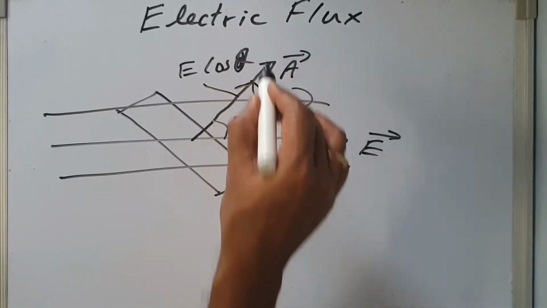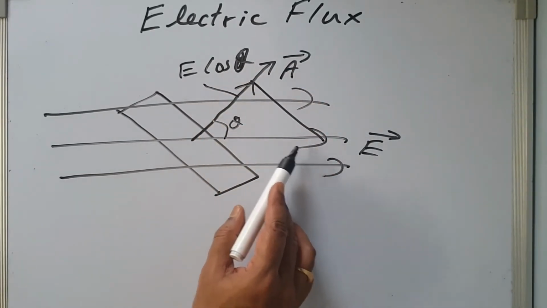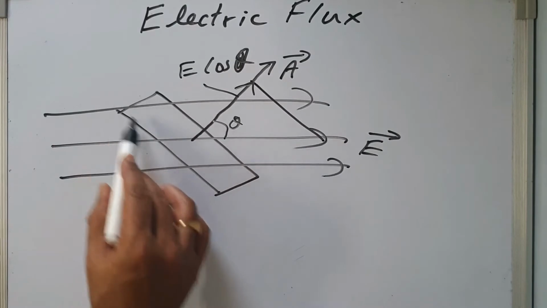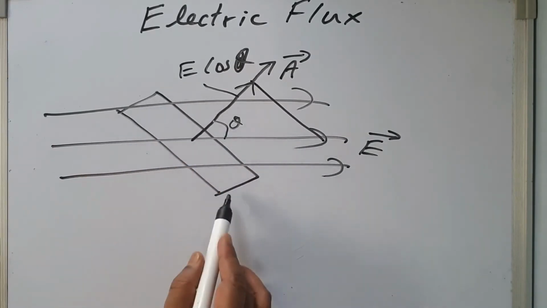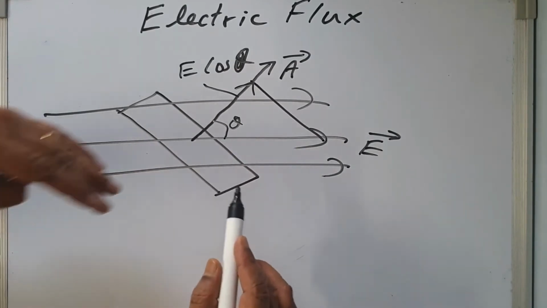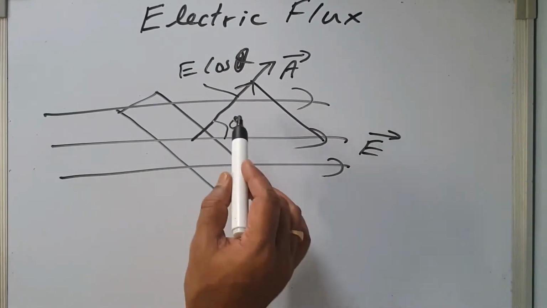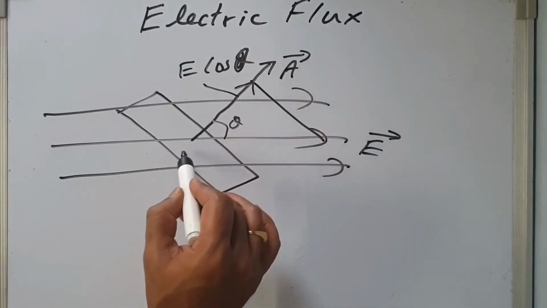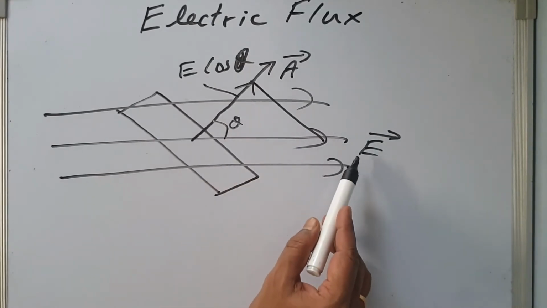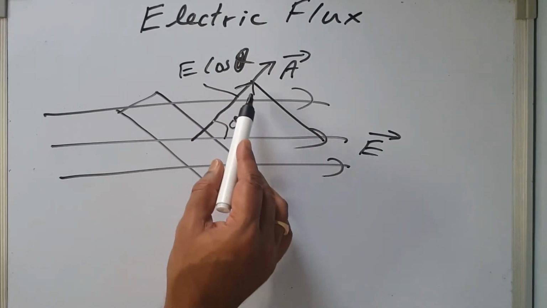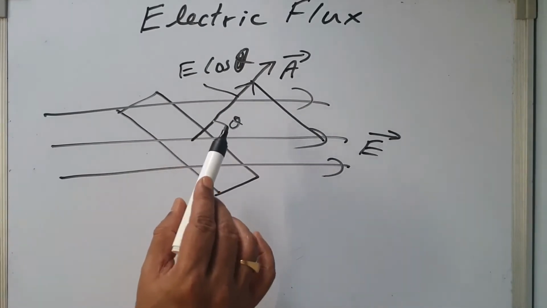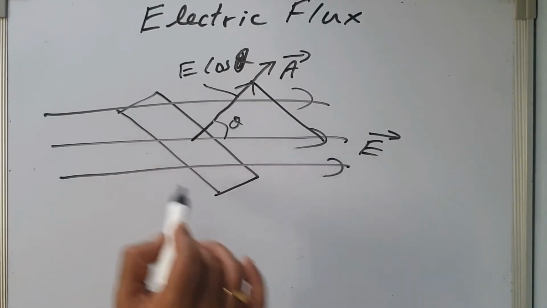What is this? The component of electric field perpendicular to this surface. You know that the area vector is perpendicular to this surface. Therefore, the component of electric field parallel to the area vector gives you the component of electric field perpendicular to the surface.